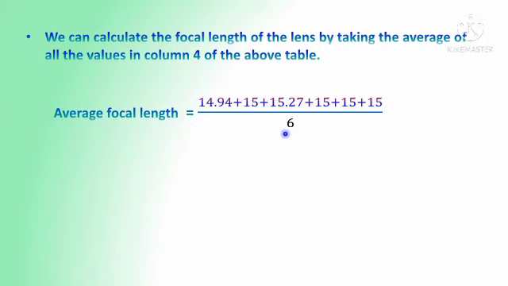Average means sum of the observations by number of the observations. How many numbers are there? 16 in the tabular form. That time add it: 14.94 plus 15 plus 15.27 plus 15 plus 15 plus 15 by 16. The answer is 15.04.